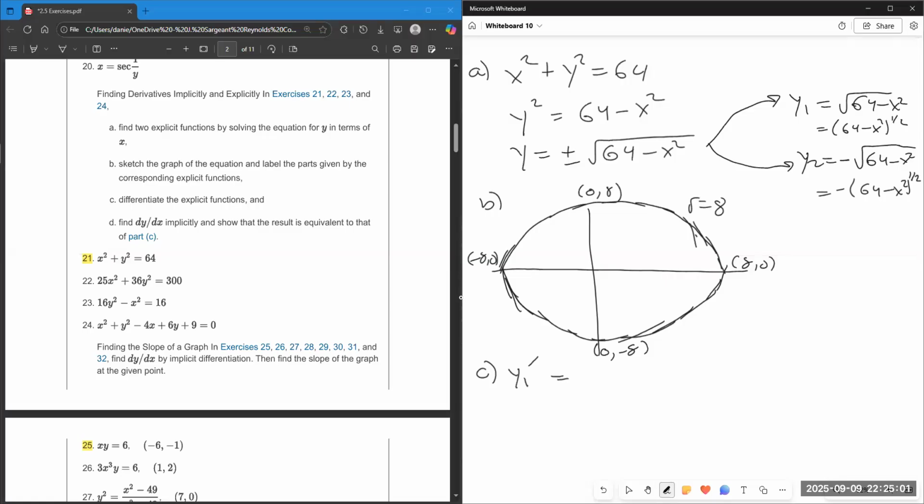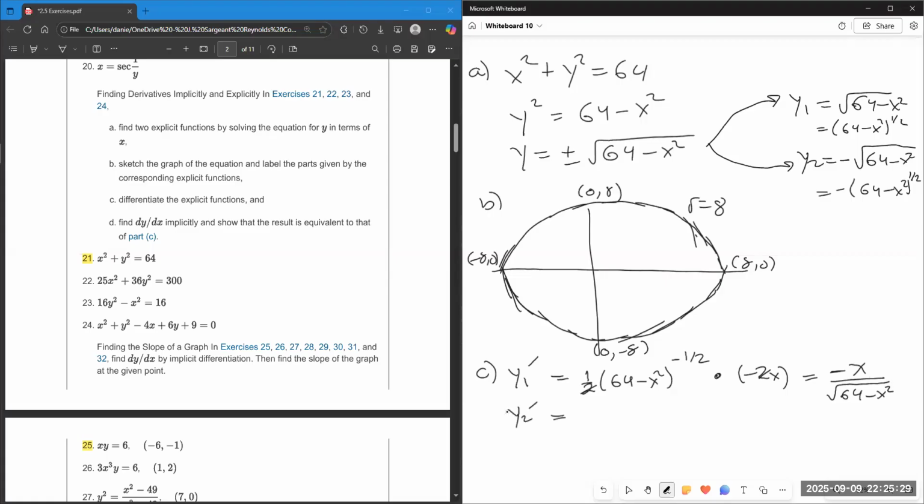So I'm going to use the general power rule here, 1/2 times 64 minus x squared to the negative 1/2 power times the derivative of the inside, which will be a negative 2x. 2 and 2 will cancel, leaving me with a negative x over the square root of 64 minus x squared.